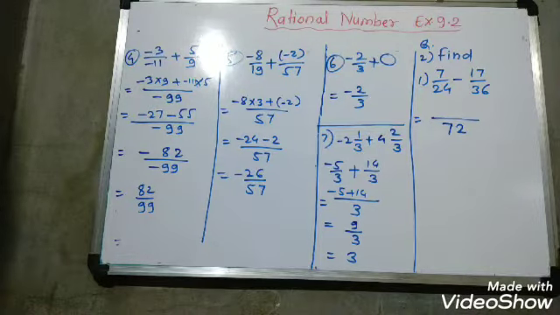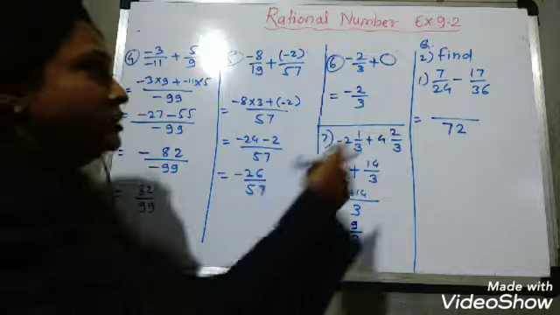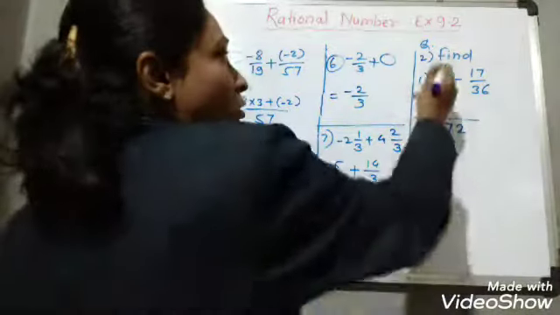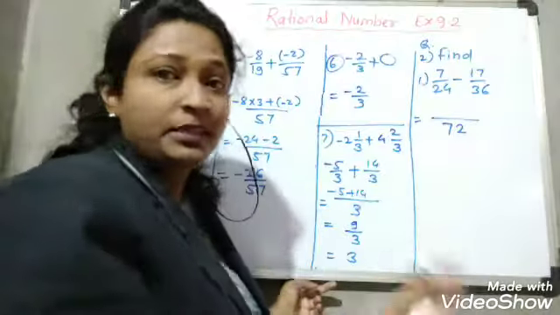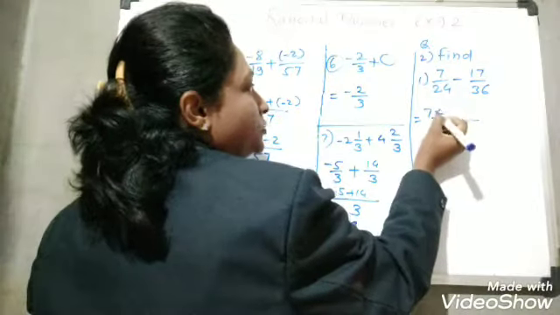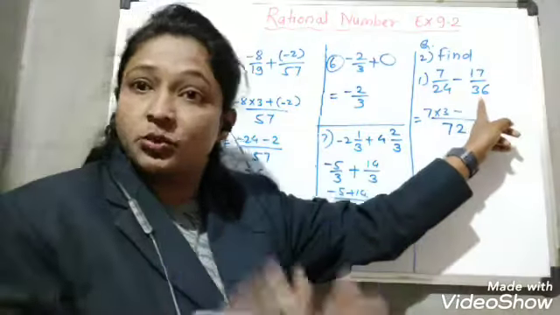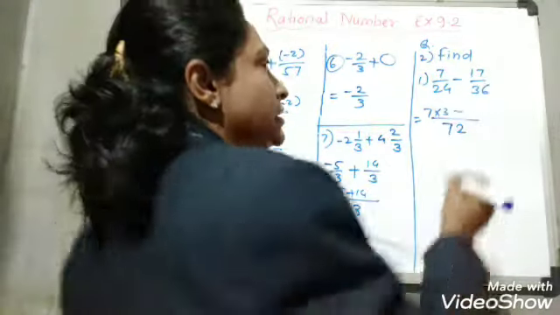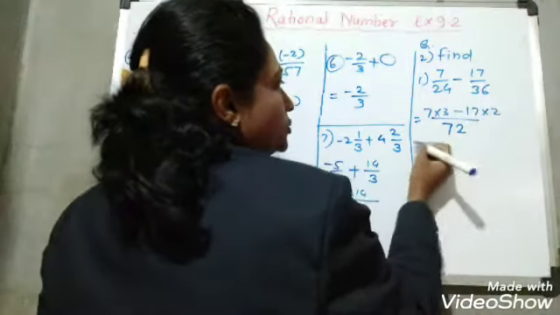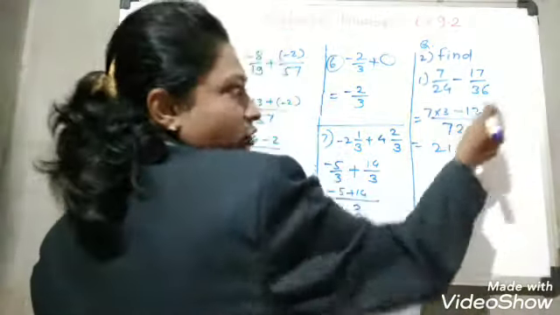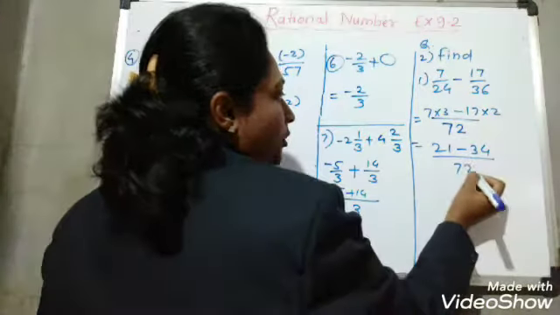In 24's table, 24 3s are 72. So upside number also we are multiplying by 3. So we will get 7 into 3 minus, now see 36 2s are 72, so we will multiply this 17 into 2. So you will get here 21 minus 34 upon 72.